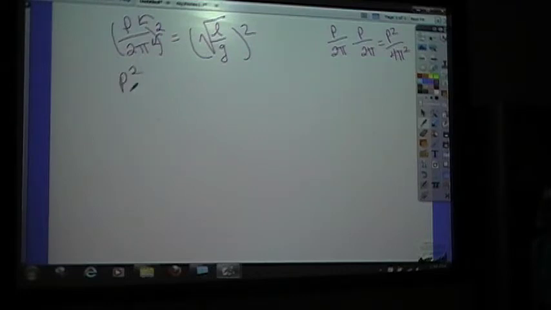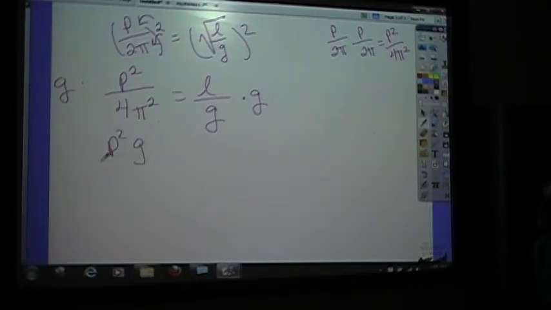P squared over 4 pi squared equals, the square root will cancel with the square, so I'm left with just L over G. Trying to get L by itself, so what do I do? I multiply both sides by G, and I get P squared G over 4 pi squared equals L.